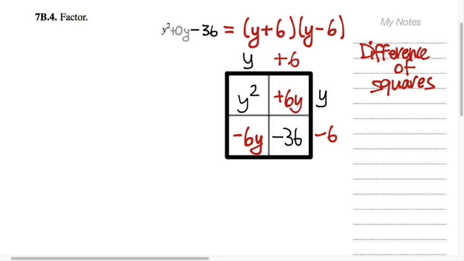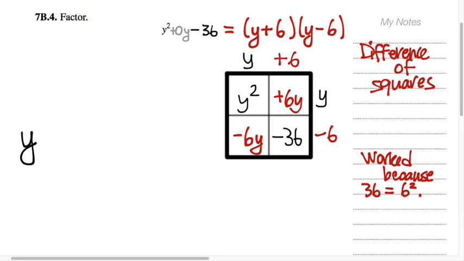Right? This method worked because 36 was a perfect square, 6 times 6.